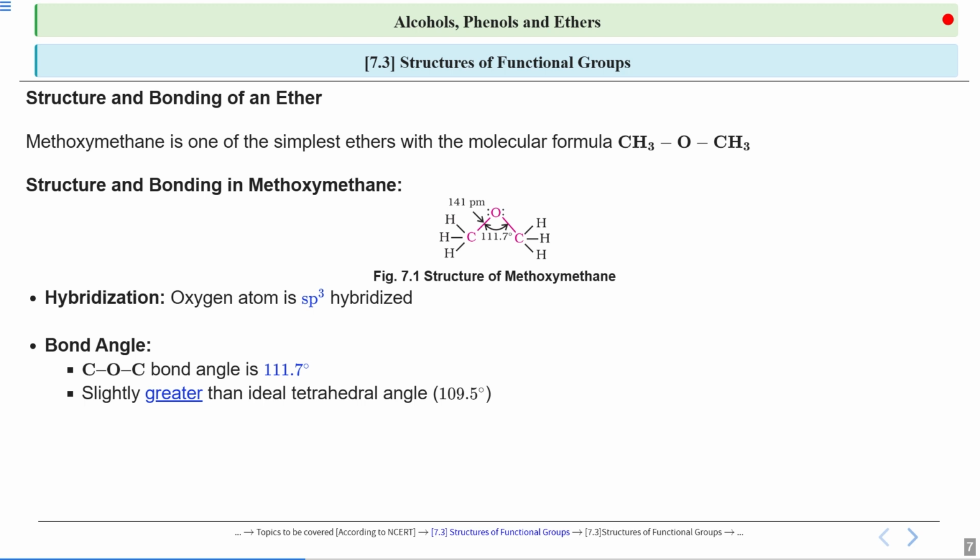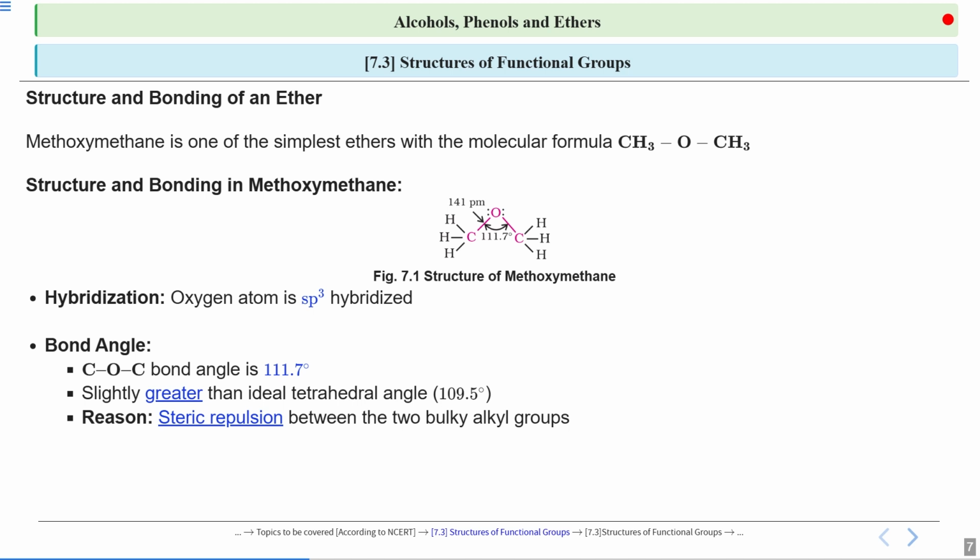So why is the bond angle of COC greater, even though the oxygen is sp3 hybridized and arranged in a tetrahedral manner? Still, the bond angle is slightly greater than the ideal tetrahedral angle. The reason behind this is the steric repulsion between the two bulky alkyl groups present around the oxygen. These bulky alkyl groups repel each other and make the bond angle slightly wider.